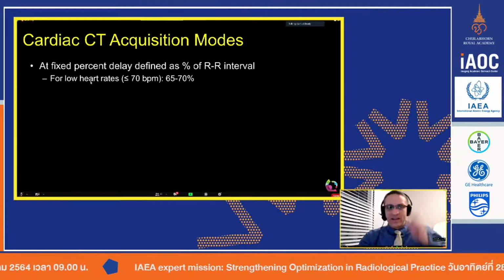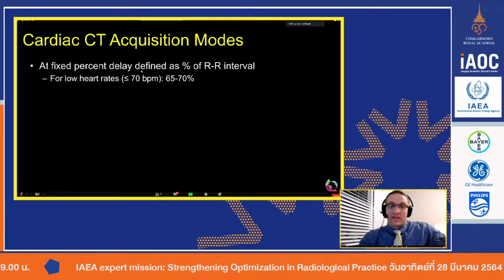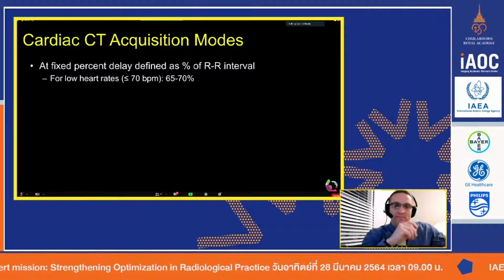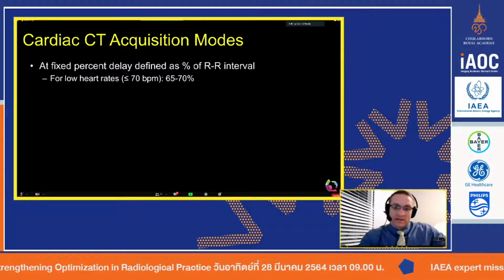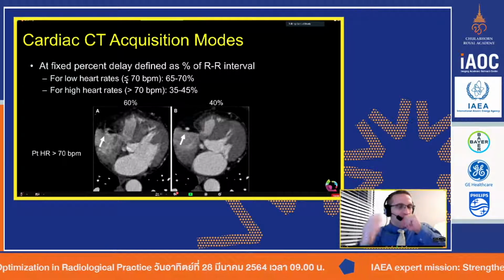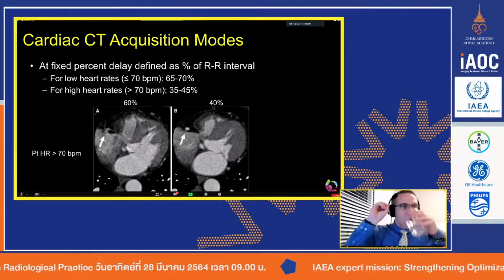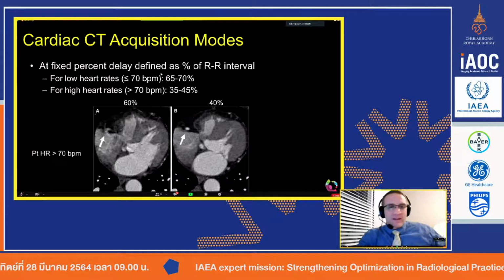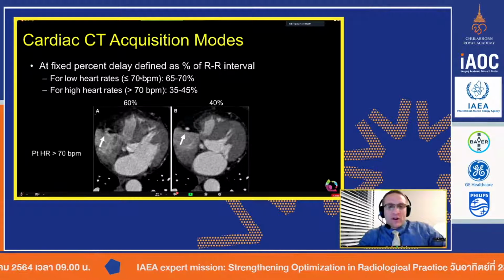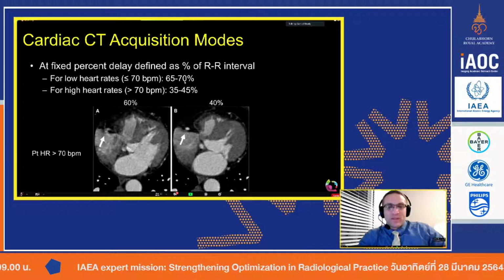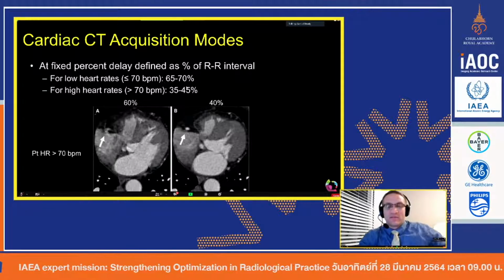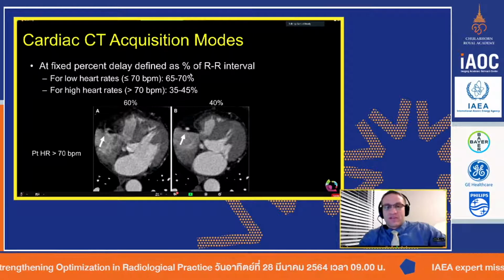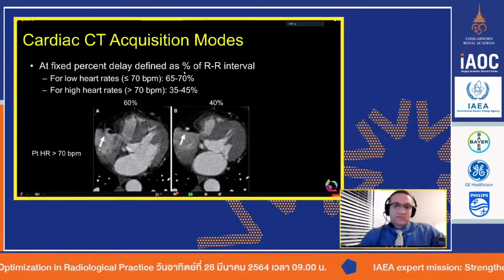Basically, they defined a low heart rate as anything less than 70. If the heart rate was less than 70 beats per minute, then they liked the image quality that came out at the 65 to 70% interval.